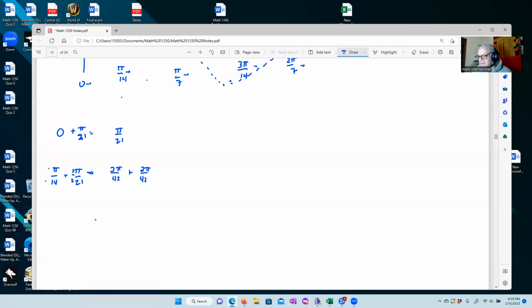That's what we did in order to get common denominators. So we end up with 3 pi plus 2 pi, that's going to be 5 pi over 42, and that was our midpoint.